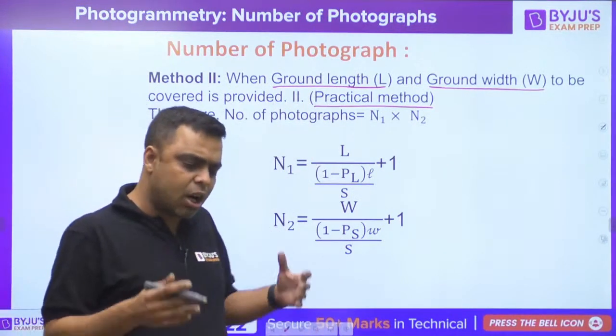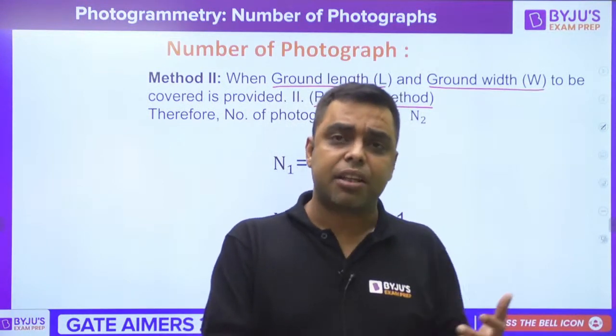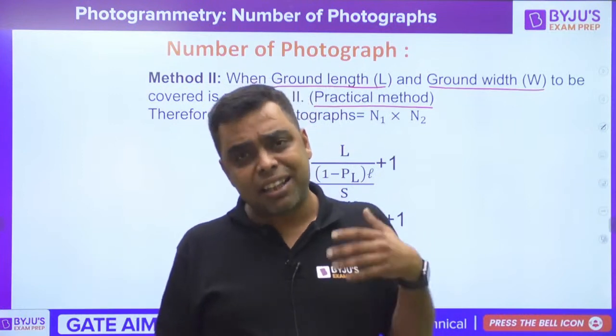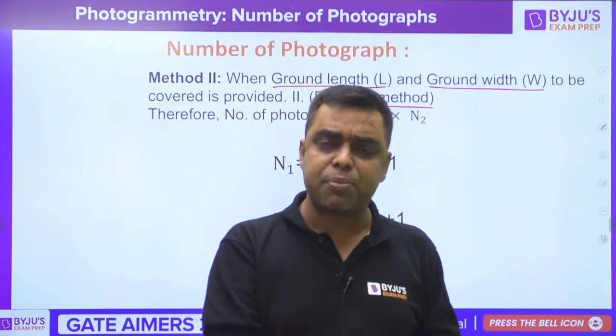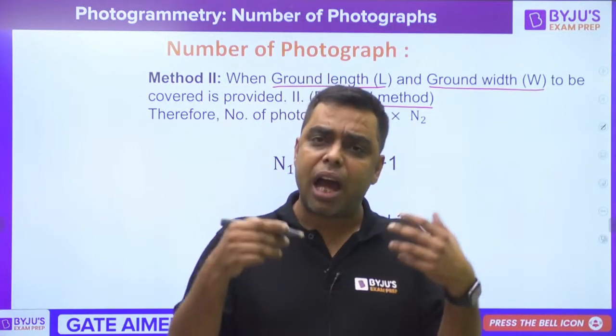Now you will tell, sir, if ground length is known and ground width is known, then that gives us the ground area. So why have another method? We can use the previous method also.